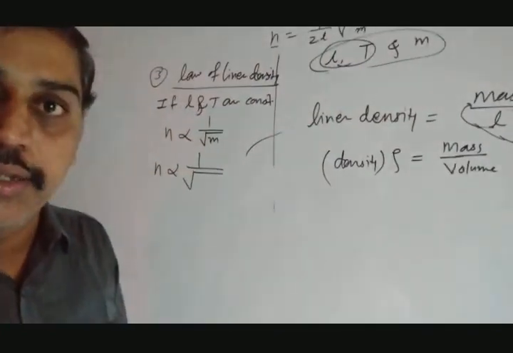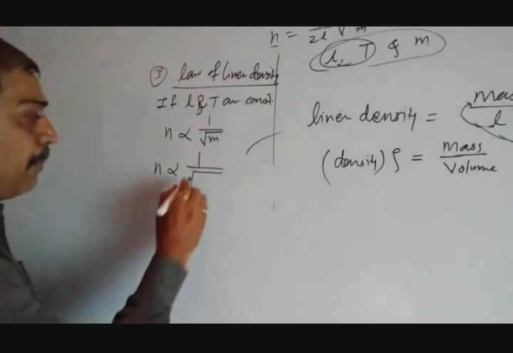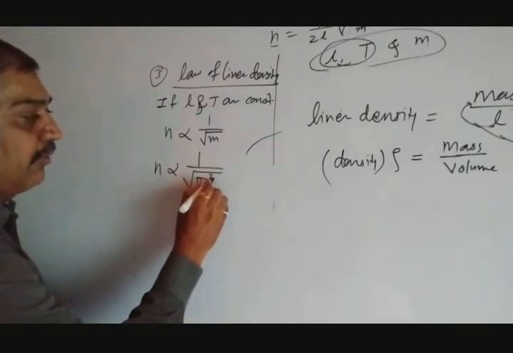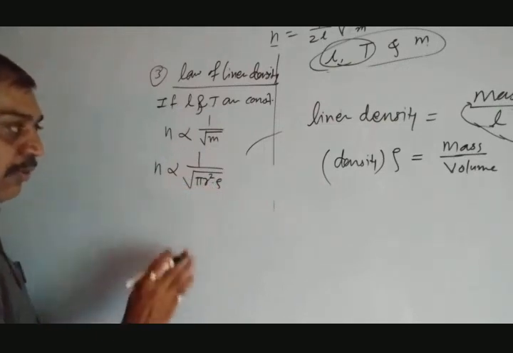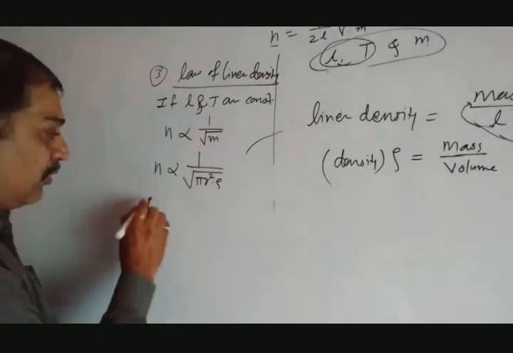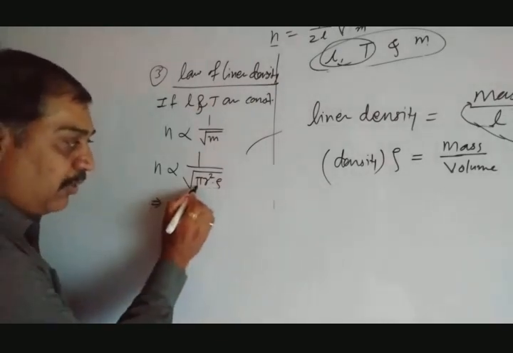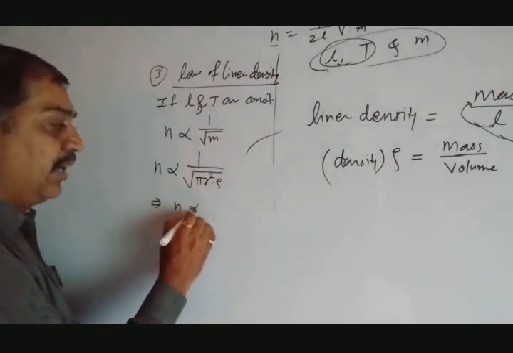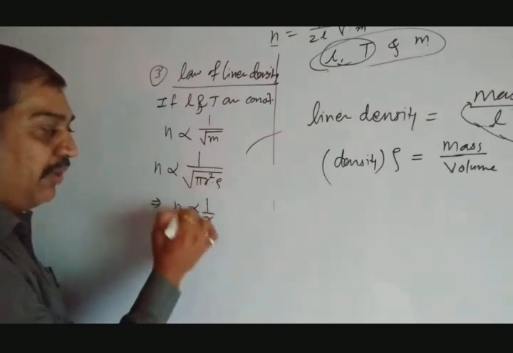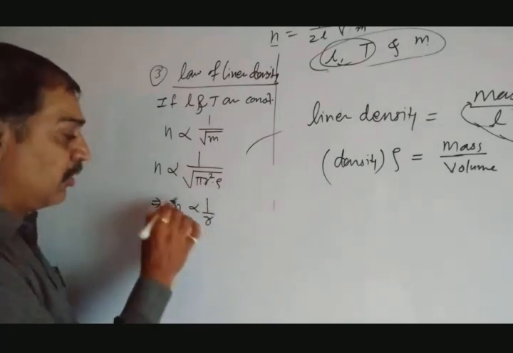Pi is constant, so when density and pi are constant, N is inversely proportional to R. R square outside the square root becomes R. So this is the first equation.